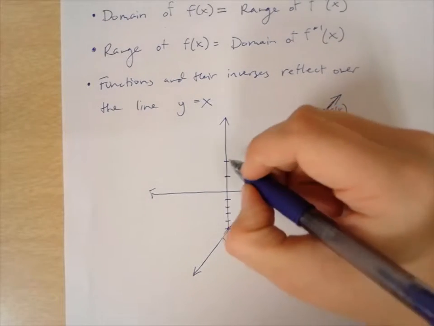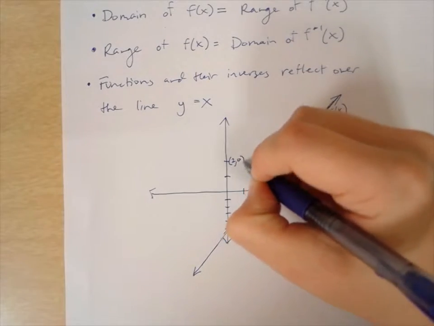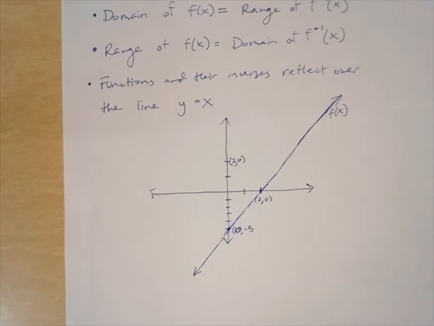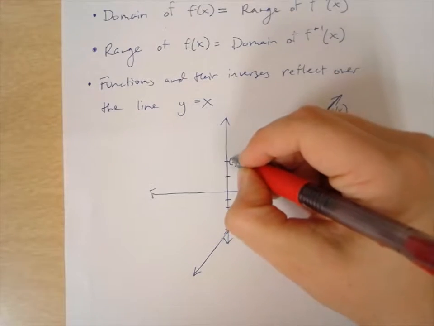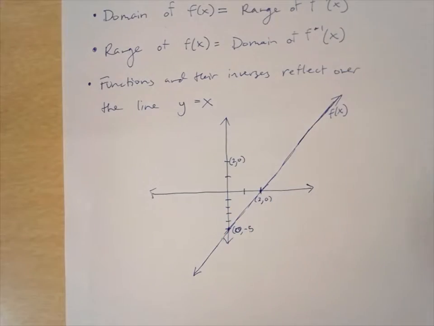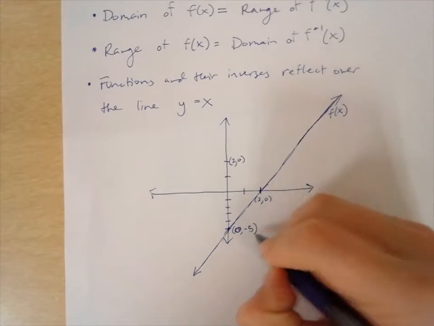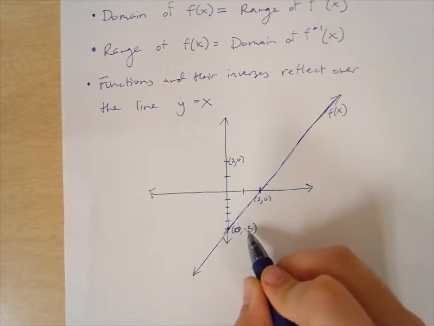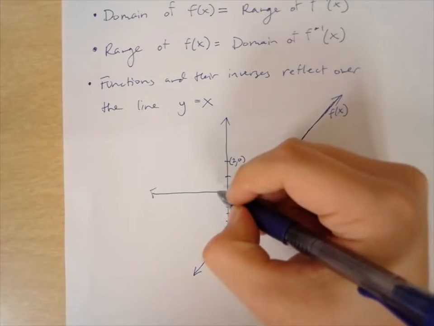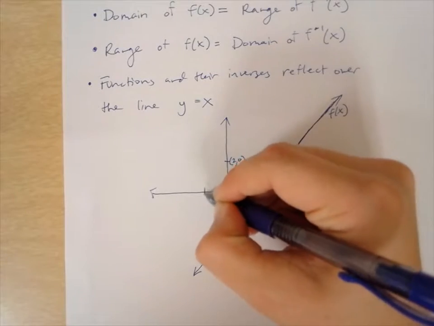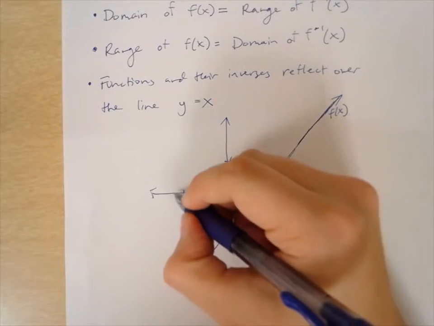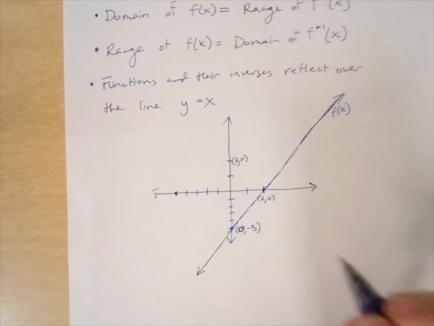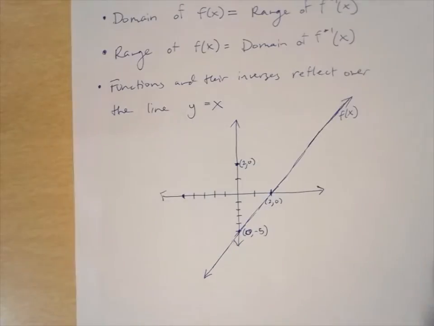It would also, let's use a different color, have the point, if I switched the x and y, negative 5, 0. So I'd go out 1, 2, 3, 4, 5. And I would connect those 2 points.